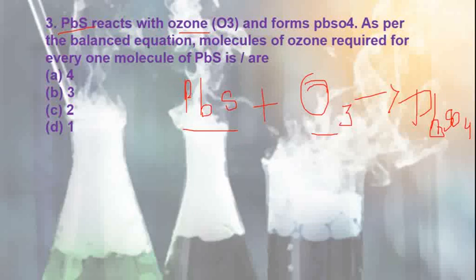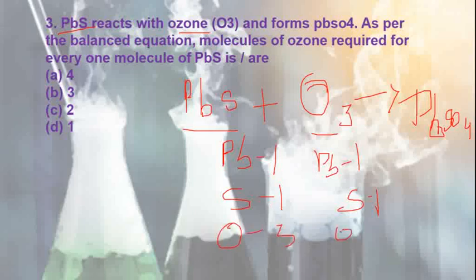Here Pb is 1, and here it is 1, and S is 1, here also 1, and here you can observe that O is 3 and here O is 4. So let us write here 4, and here we can write it as 3.